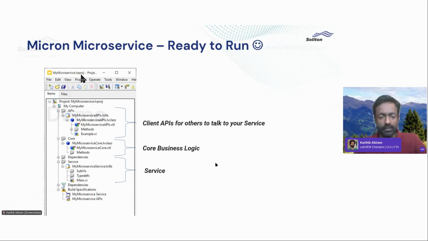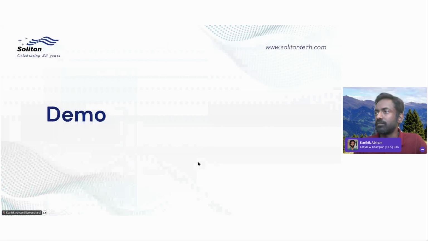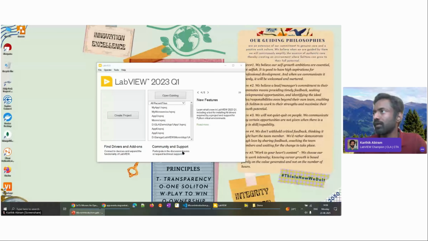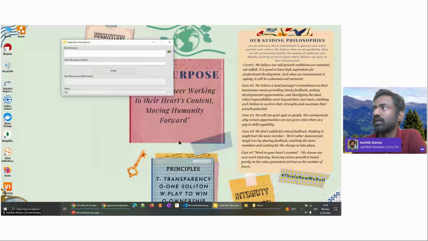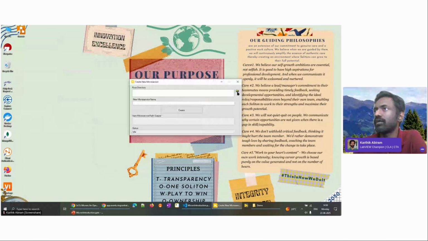Next, I'll jump to the demo. I have Micron installed in LabVIEW 2023. Once it's installed, under Tools, Micron, there is an option to create a microservice. Here, let me point to a root directory.